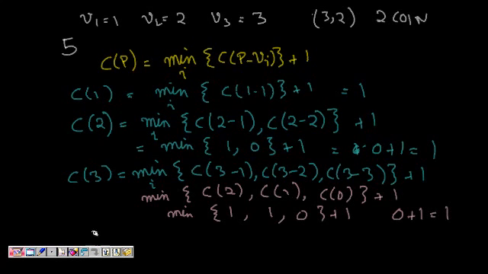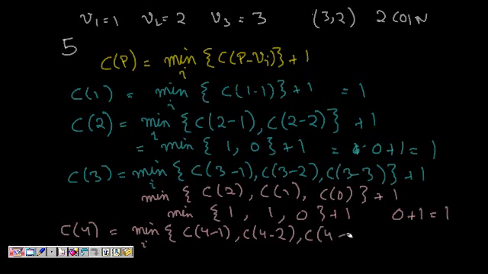Now let's see how we can make change for 4. So C of 4 will be the minimum of C of 4 minus 1, C of 4 minus 2, C of 4 minus 3. These are the only possible coins, plus 1.